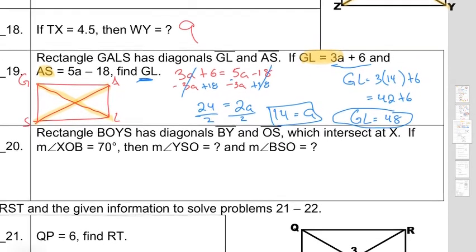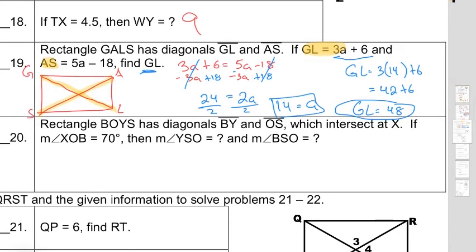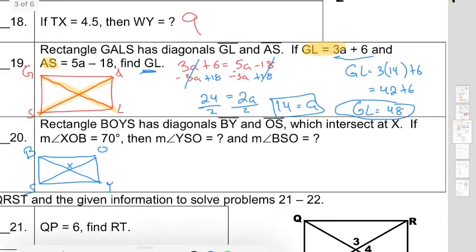Alright, so now we're moving on to question 20. It says rectangle BOYS. So first thing I'm going to do is draw myself a beautiful rectangle and label it BOYS, and they're telling you BY and OS are two diagonals that intersect at point X. So X is there, and it says angle XOB is 70, so we have 70 degrees there.